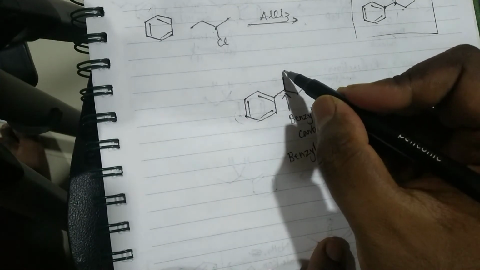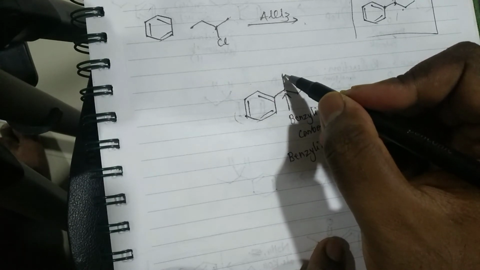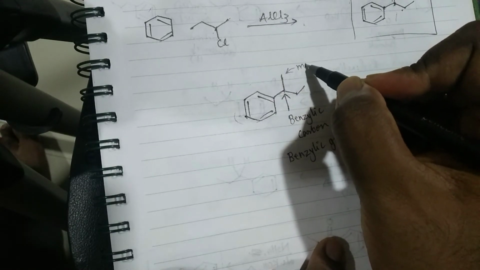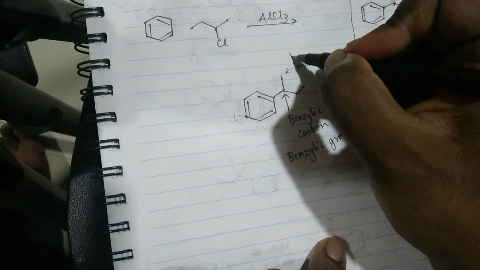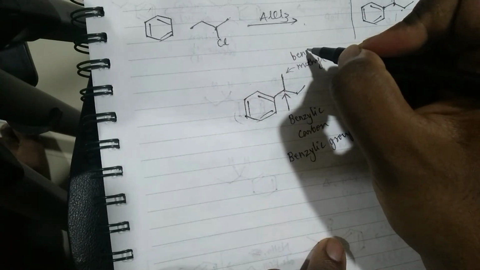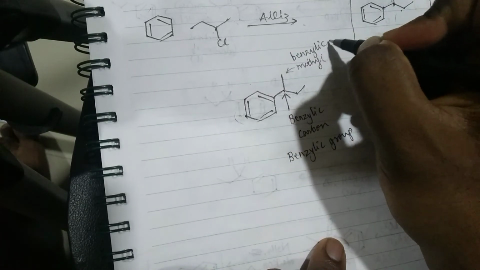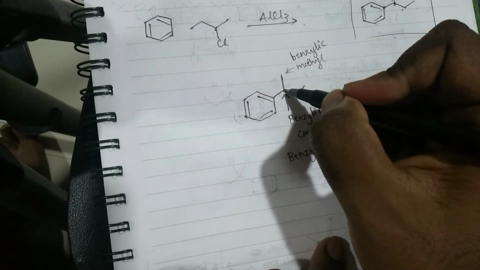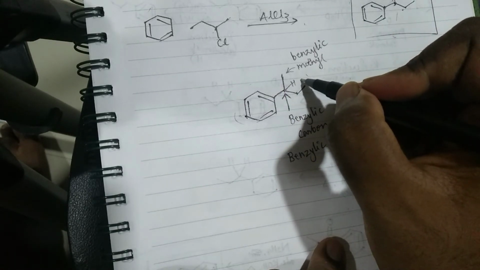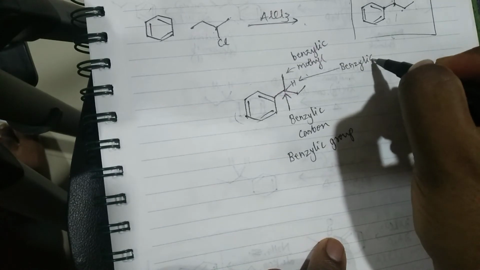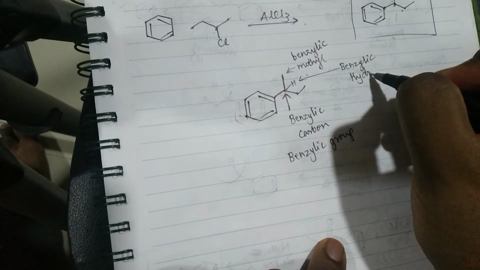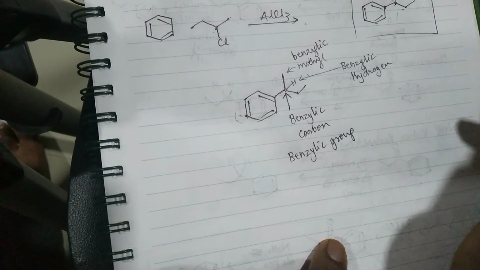Right now, which group do you have on this benzylic carbon? Methyl. We usually call this a methyl group, but with a new prefix, it is benzylic methyl. Also remember, there is a hydrogen, so this hydrogen will be called a benzylic hydrogen.